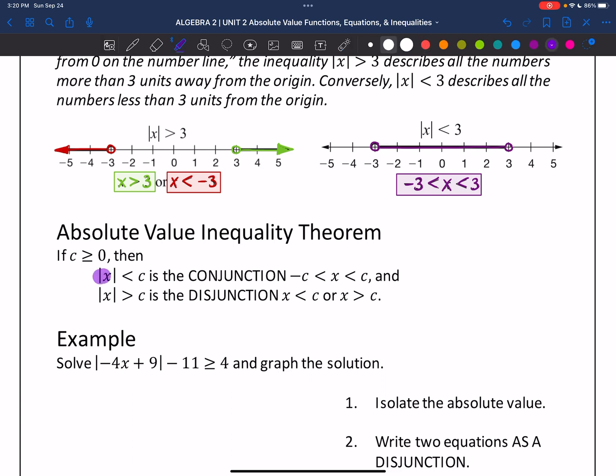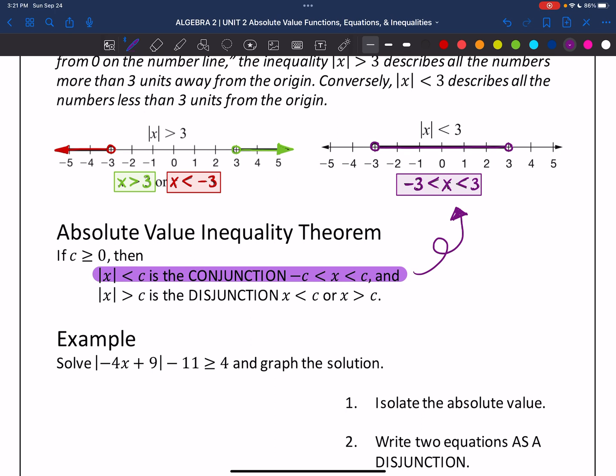When we have the absolute value of x less than some number, that's going to result in a conjunction like we just saw here. You're going to have this conjunction where it's like an intersection of the two. It's this space between two values.